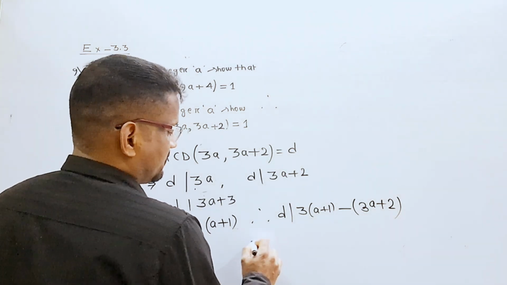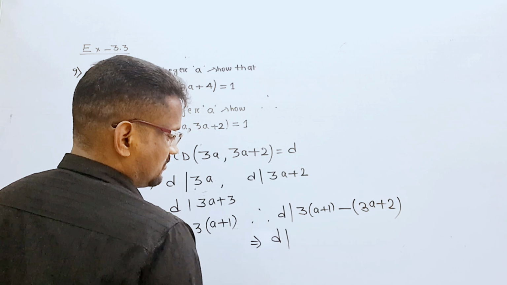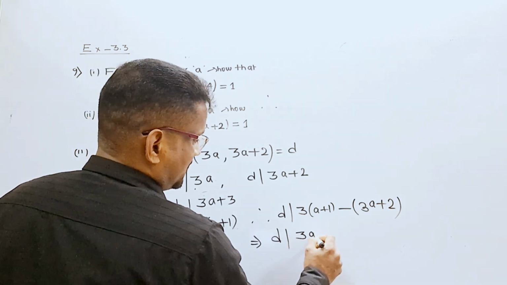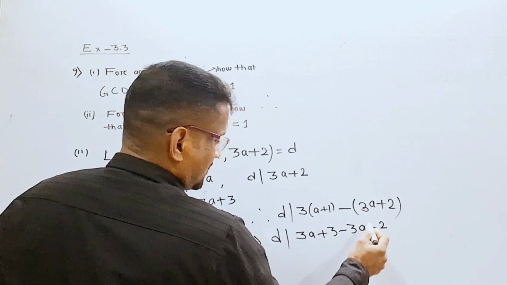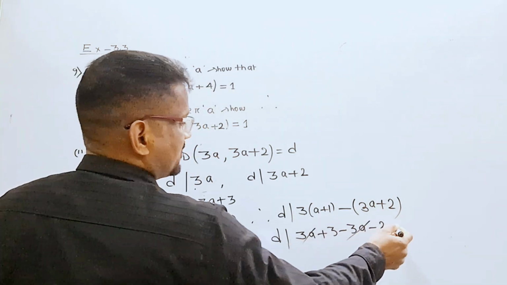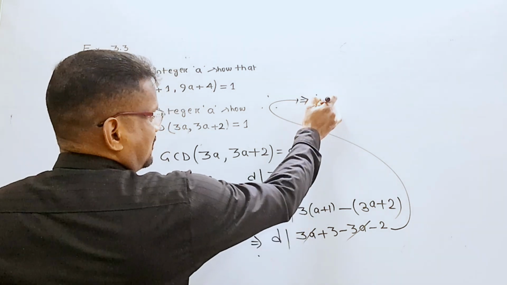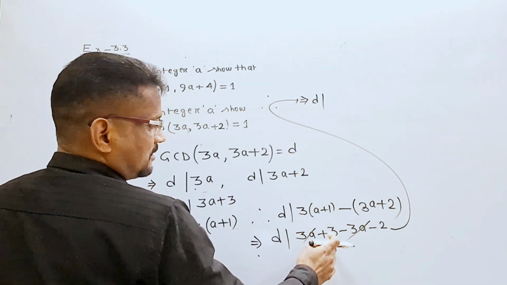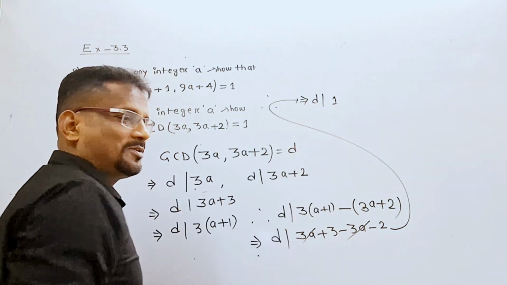Now see what you obtain. Let me simplify this: 3a + 3 minus 3a minus 2. 3a cancels out. So D divides 3 minus 2, which is again 1. So there is only one option.